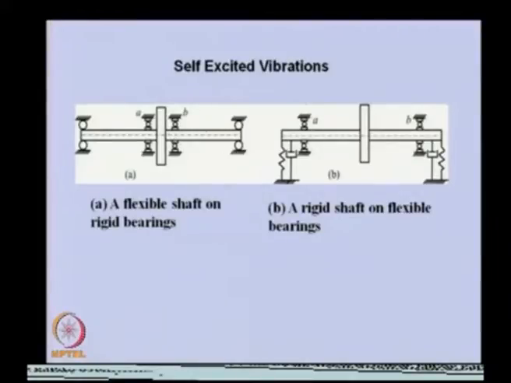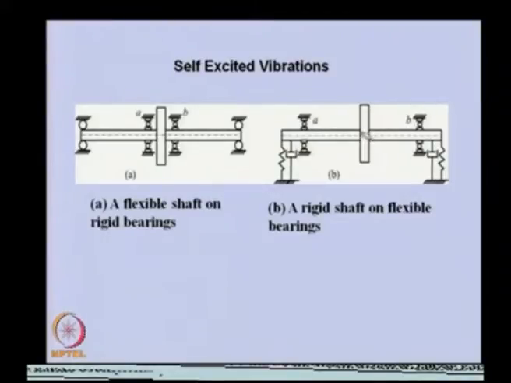In the other case, the same rotor, which is now a perfectly balanced rotor, is mounted on fluid film bearings. Let us say initially these two rolling bearings are not there, so it is mounted only on two fluid film bearings, and the rotor is balanced perfectly. Now say the properties of the bearings are such that the system is in an unstable region, that means at that particular speed it has large oscillations.